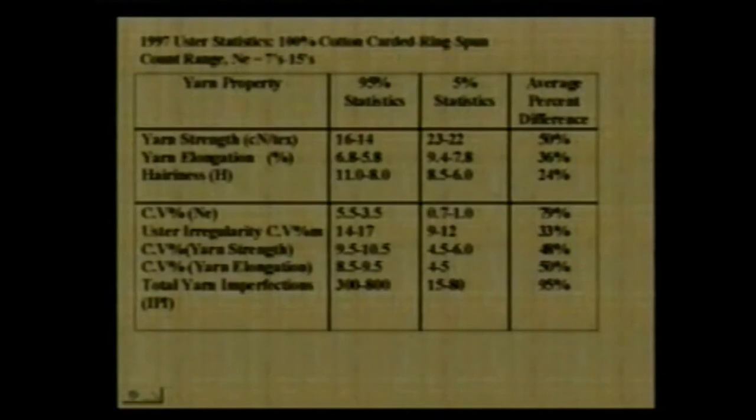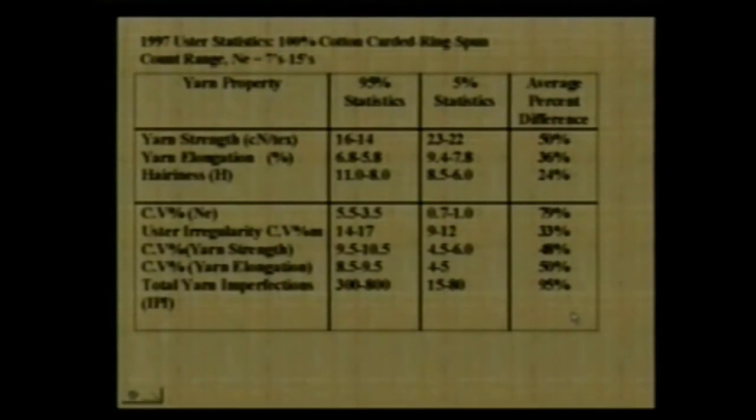That's about 80% difference. If you look at yarn imperfections, which I mentioned a minute ago, the difference can be as high as 95% between the top 5% statistics and the rest. This is a serious comparison.